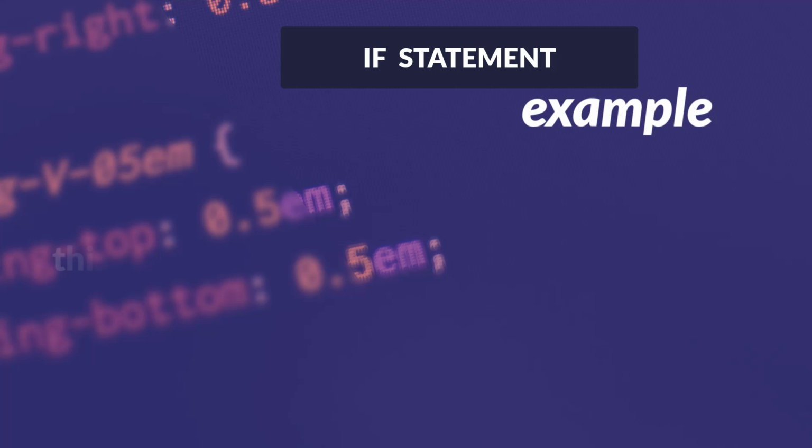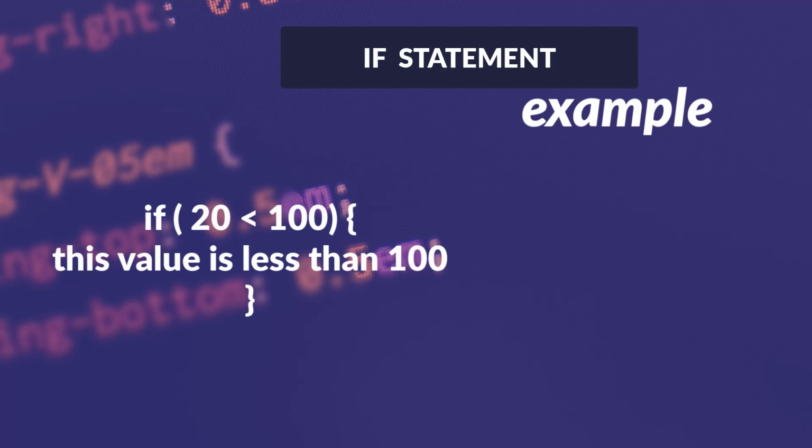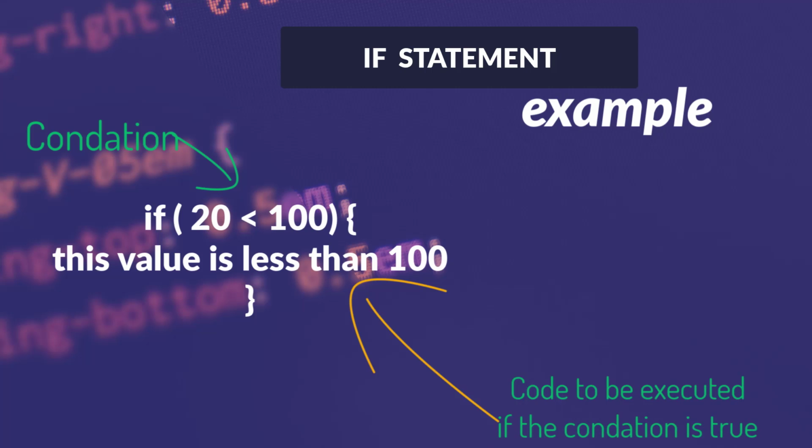In this example, we have the value 20 and we are testing if it is greater than 100. So if it is greater than 100, we want PHP to echo less than 100. And so we say if, into brackets 20 less than 100, and into curly brackets we write the code to be executed if the condition is true.